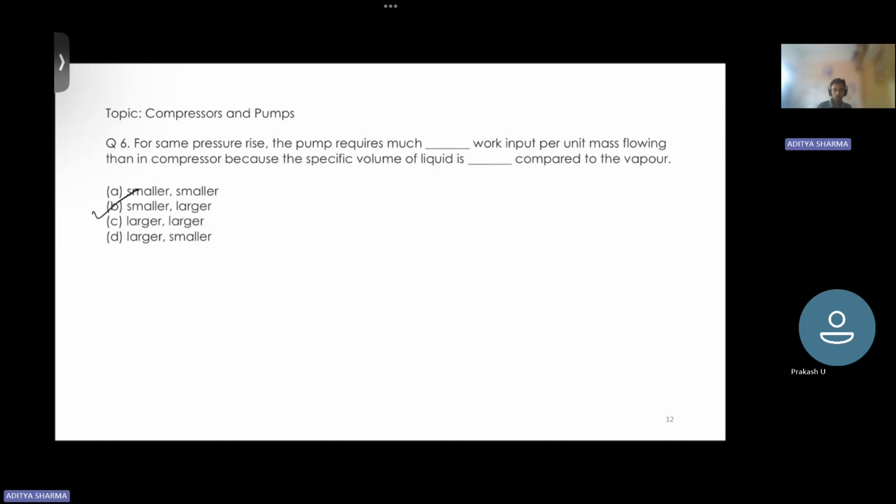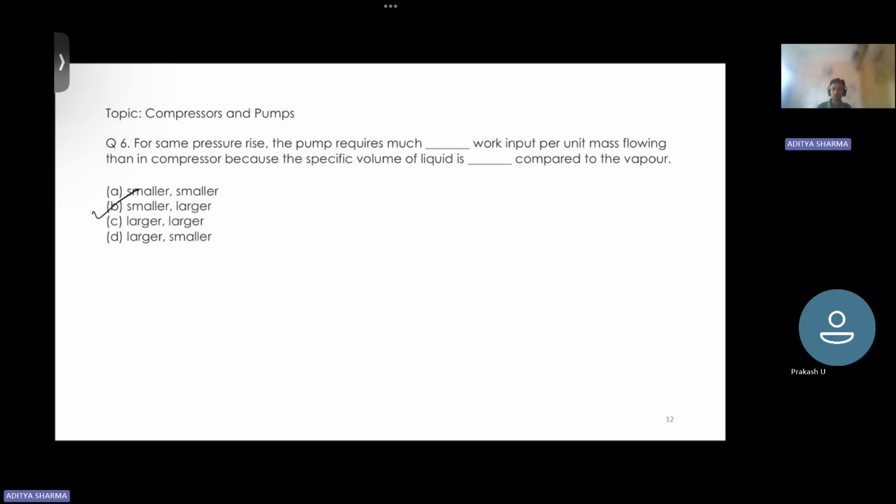So this is question number 6, right? For the same pressure rise, the pump requires much dash work input per unit mass flowing than the compressor. A pump is where liquids are involved, and a compressor is used where gases or compressible substances are involved.